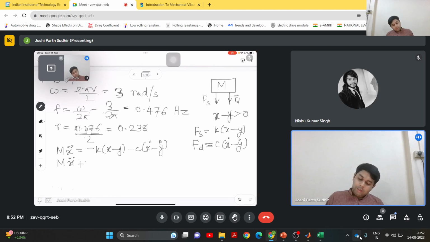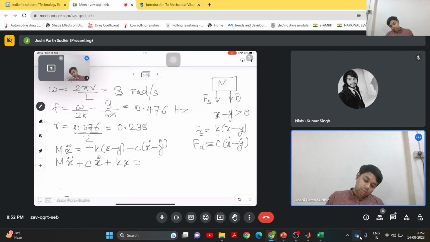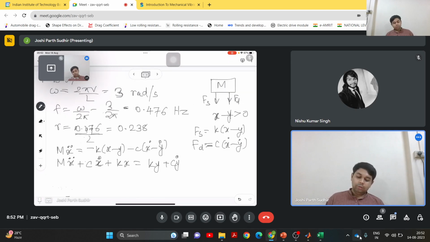So we can write it as m x double dot plus c x dot plus k x is equal to k y plus c y dot, which is like a sinusoidally varying force. So this is basically an example of forced vibrations.